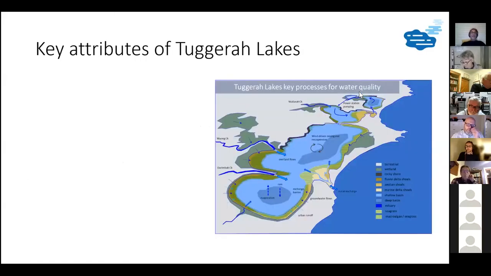So I'll start off by giving an overview of the key attributes of the Tuggerah Lakes. I'll preface this section by saying that Tuggerah Lakes is quite a unique lake system. It's one of the biggest lake systems in New South Wales, but it has a lot of physical and ecological attributes that make it stand out as unique.